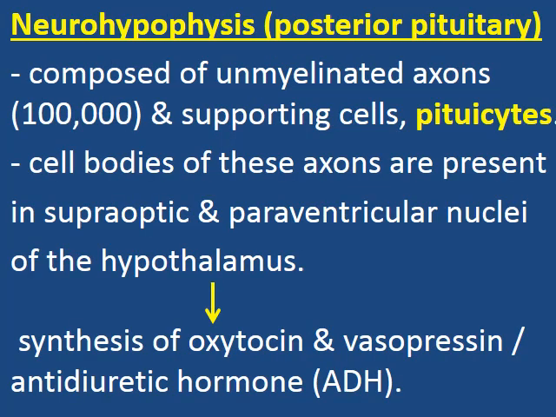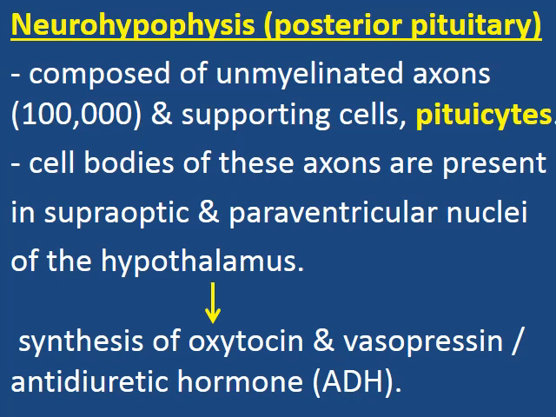Coming to the posterior pituitary or neurohypophysis. The posterior pituitary is composed of unmyelinated axons and supporting cells, that is the pituicytes.